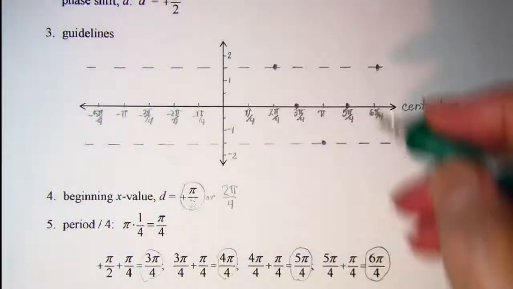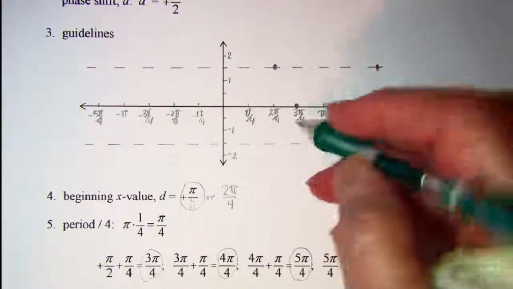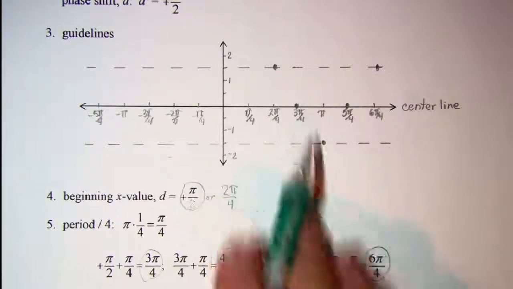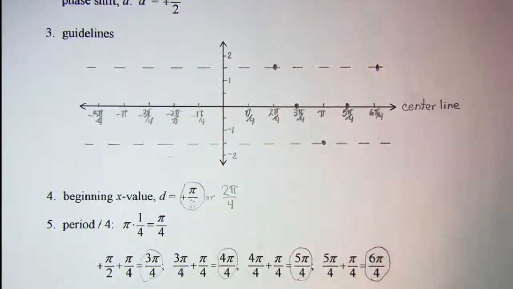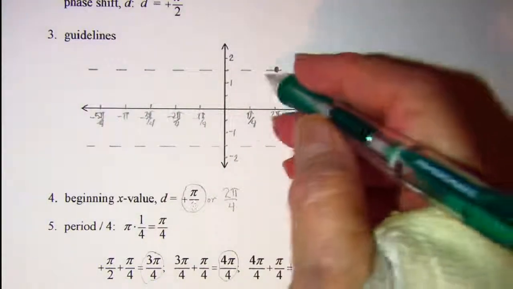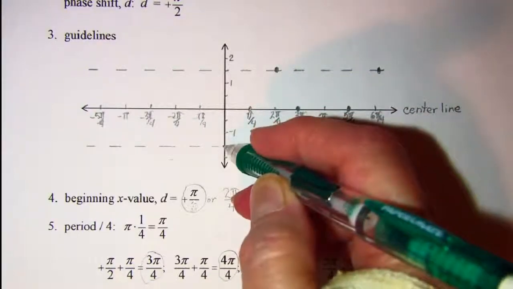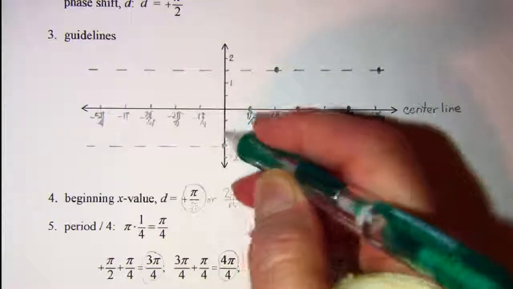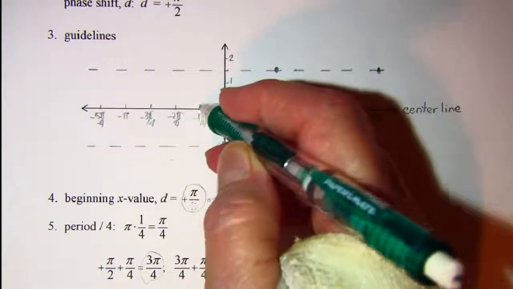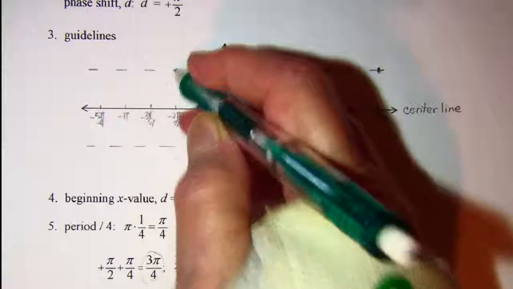I can go ahead and continue this. We had a maximum here, and each of these quadrants is represented by pi over 4, which means I'll hit a center line here at pi over 4, a minimum value at the y-axis, or 0, and then negative pi over 4 is the center line, maximum, and so forth.